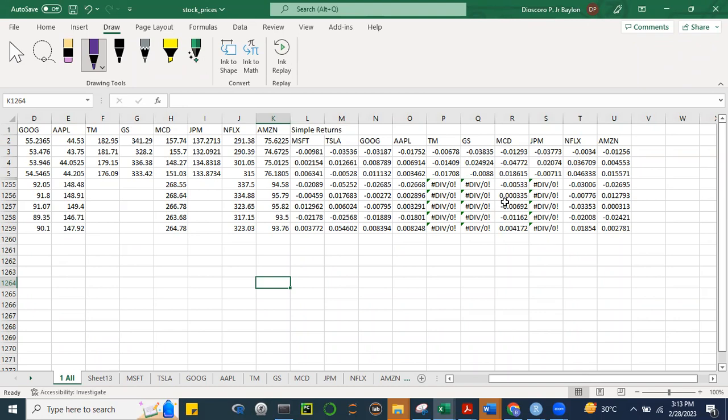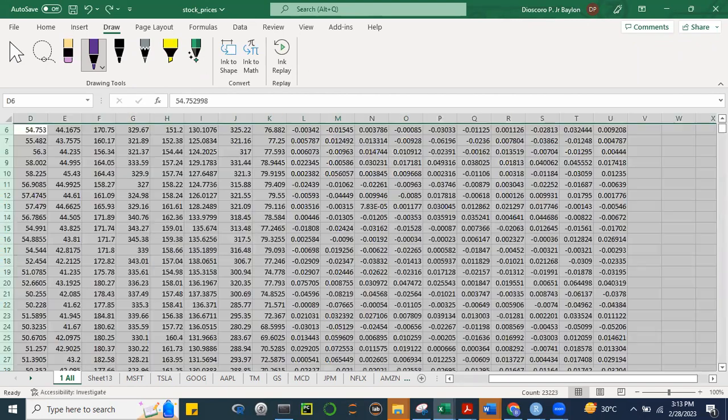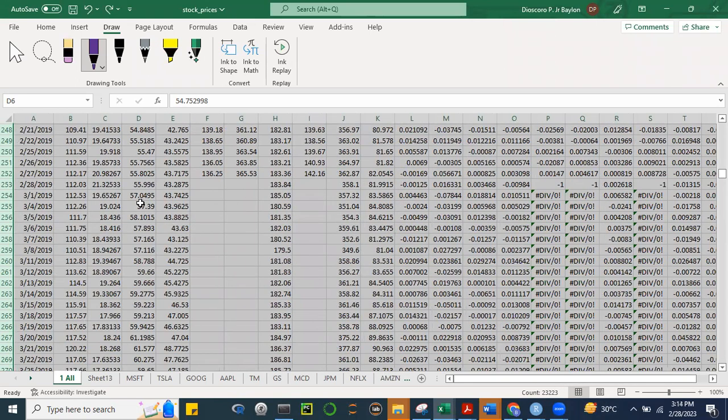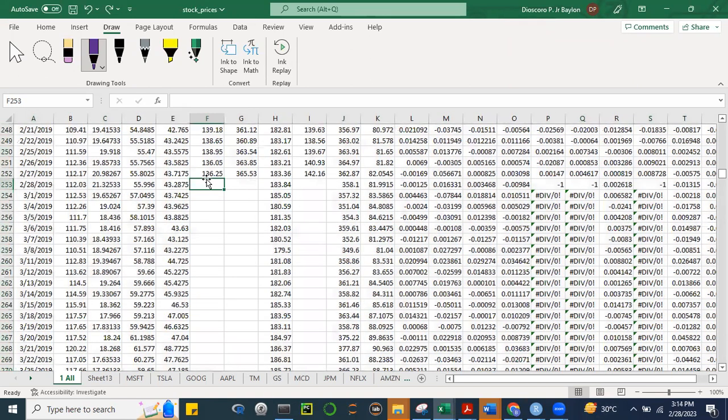Okay, what happened here? Control Z. Did I make a wrong formula here? We have errors here. There are no prices for some of these assets. What's this asset?